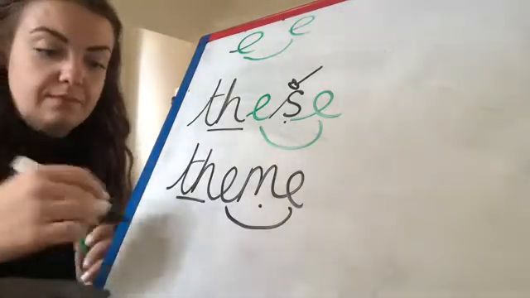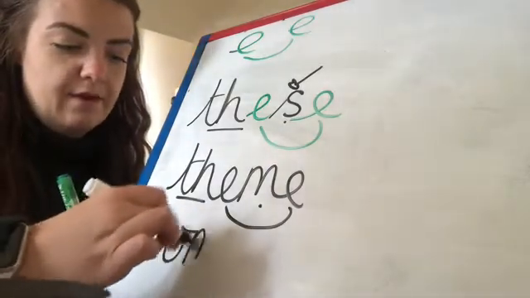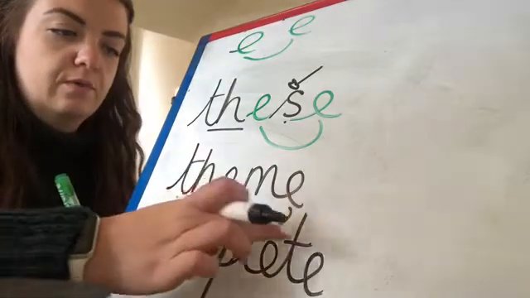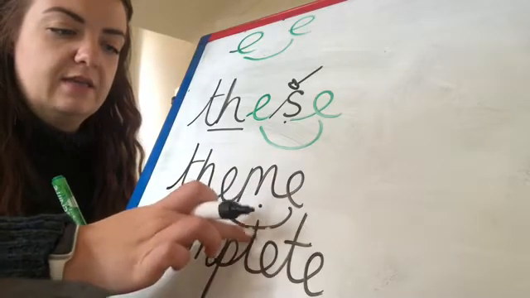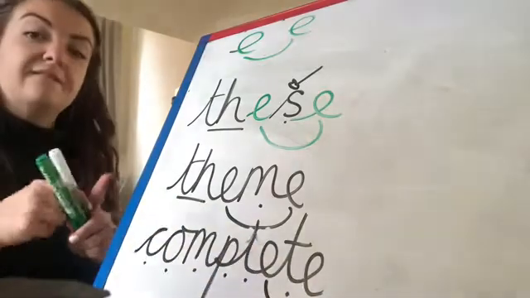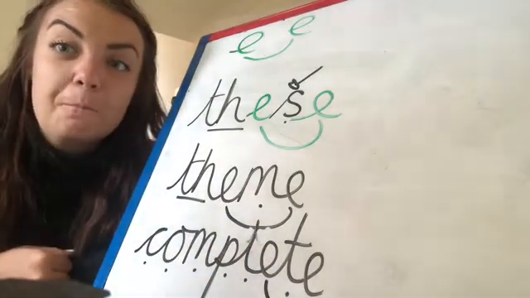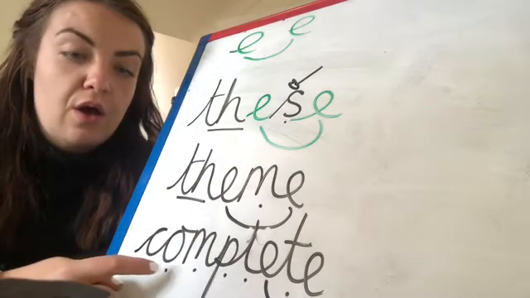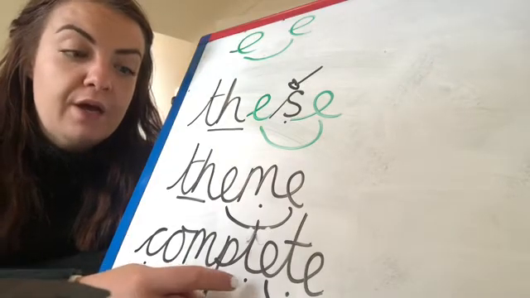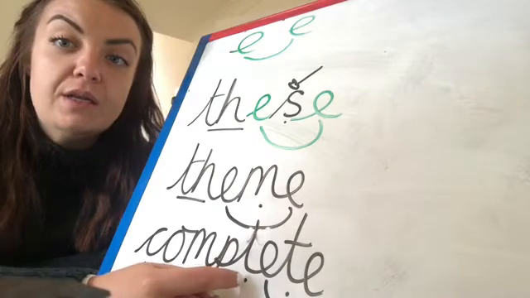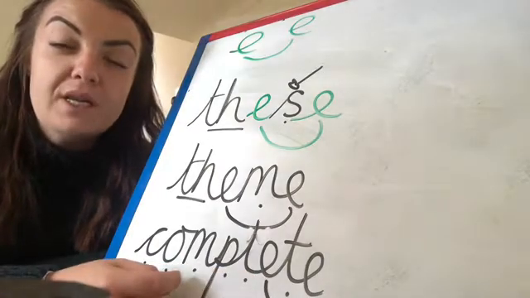Let's go for more than quite a lot of syllables on this one. Done it again, look. I keep crossing my T's. C, o, m, p, l, e, t, e.